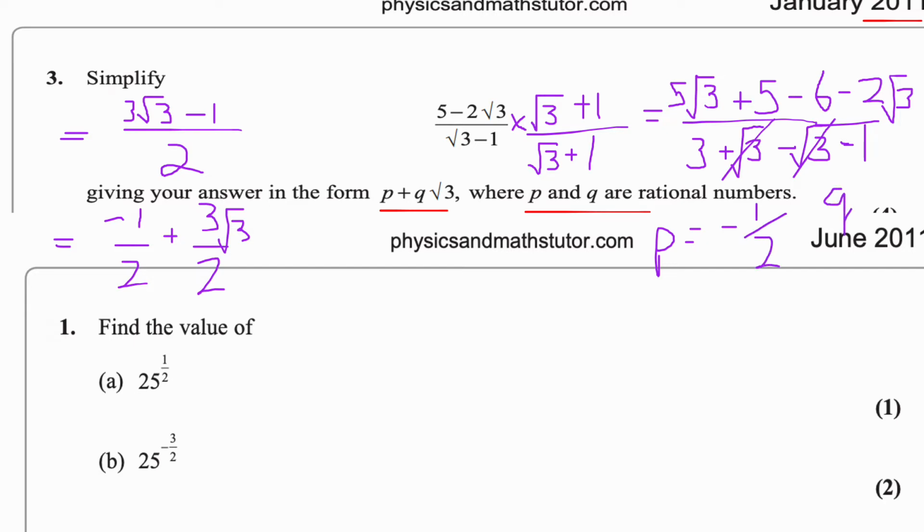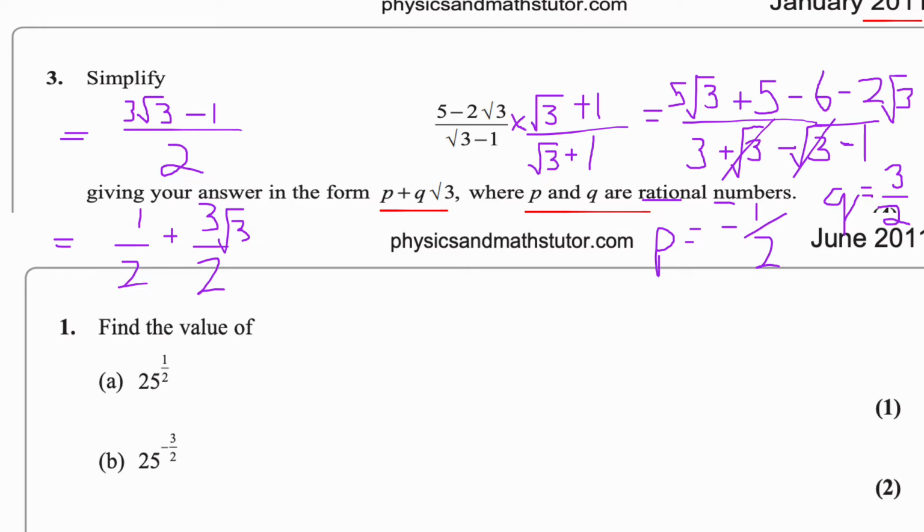Remember that a rational number just means that the equivalent decimal is terminating. So obviously minus a half and 3 halves are both going to be terminating decimals. So rational numbers are either fractions or whole numbers. So I've expressed it in that form.